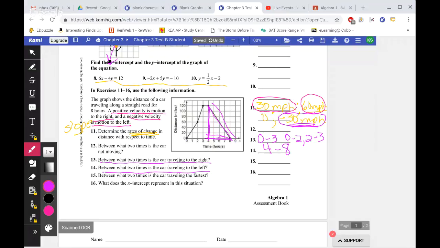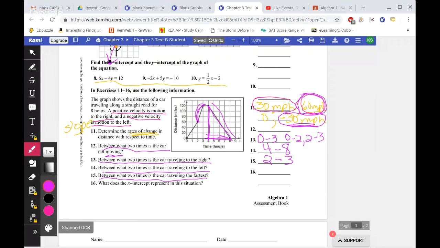So 4 to 8. Between what two times is the car traveling the fastest? 2 to 3, because it was 60 miles per hour. It's your greatest rate of change. All right, I'm going to go back and hit number 12 now.